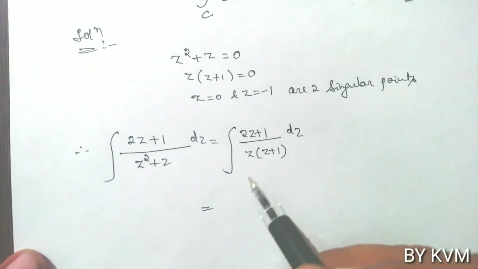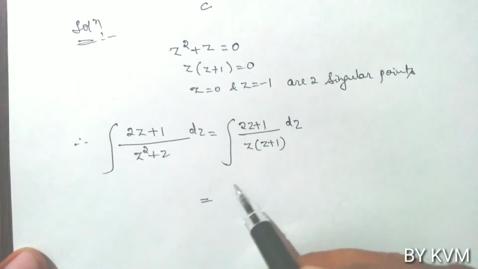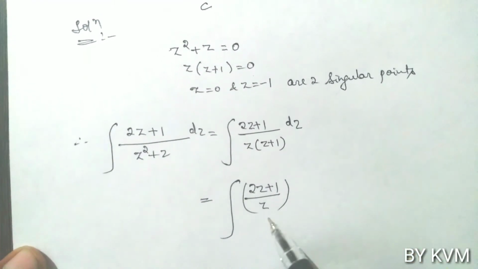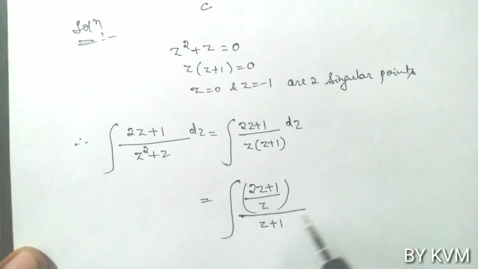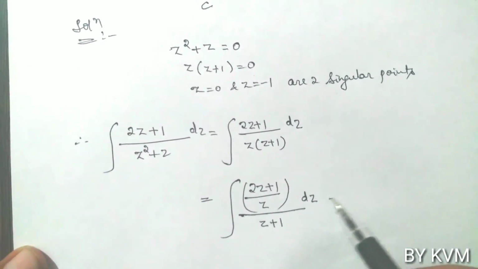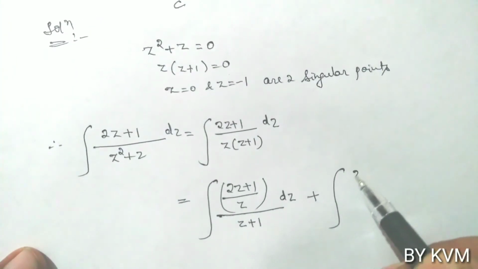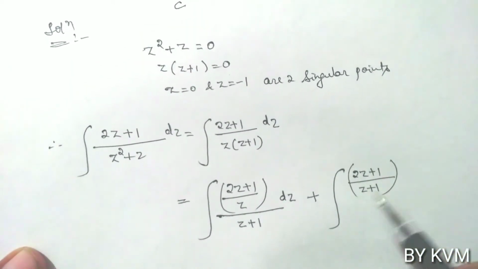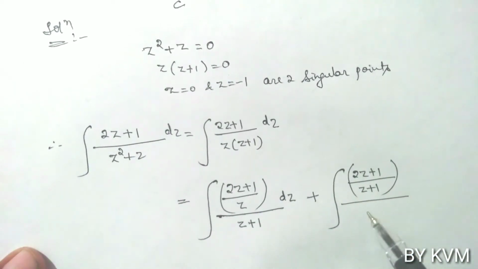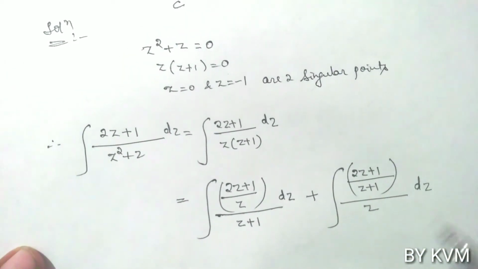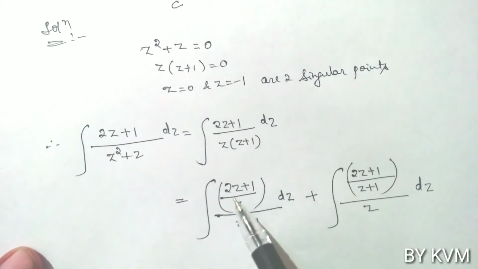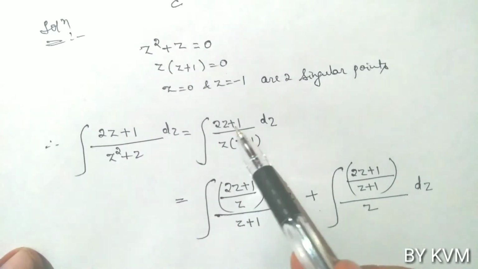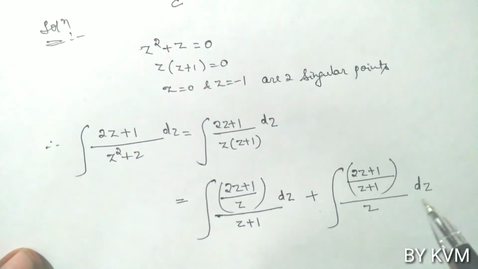So we can split this fraction as the integral of 2z plus 1 by z, whole divided by z plus 1 dz, plus the integral of 2z plus 1 by z plus 1, whole divided by z dz.